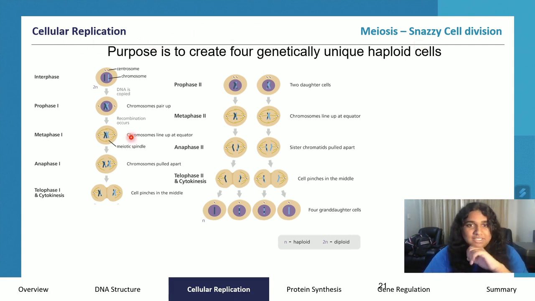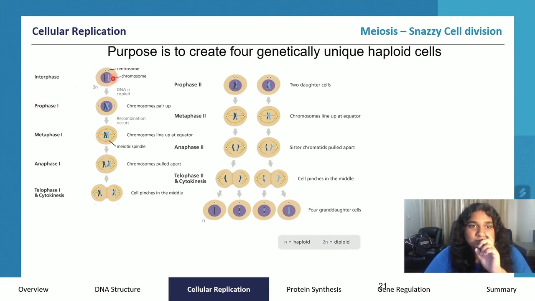Again, we're starting with the same process in the sense that it follows interphase, prophase, metaphase, anaphase, but instead of having 1 round of that, you end up with 2 rounds of cell division. So in interphase, we start off with the chromosomes and the DNA being copied. This is a 2N cell as well, so we've got 2 copies of the same chromosome.